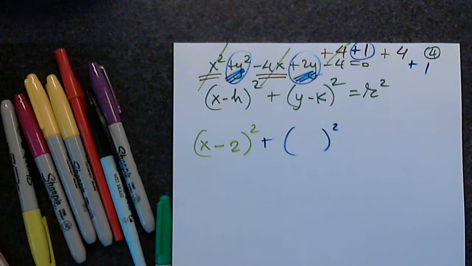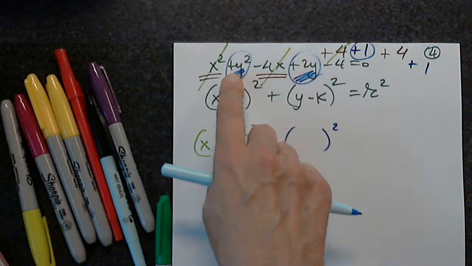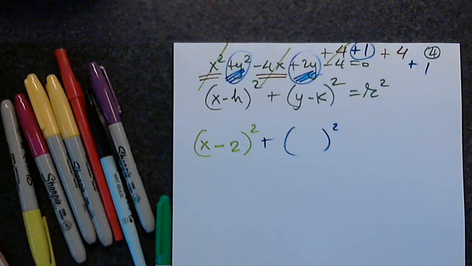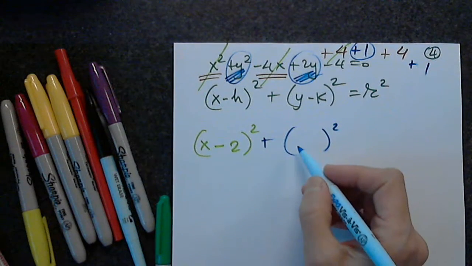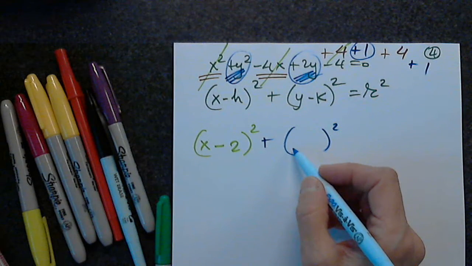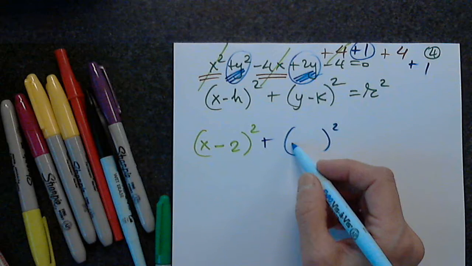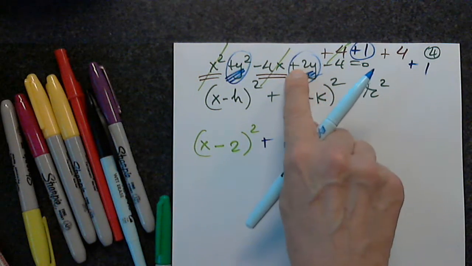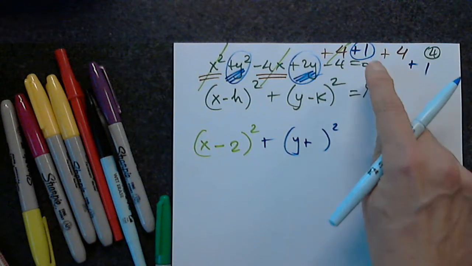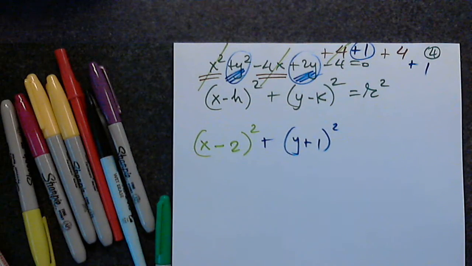What's in there that will give us, when we square it, y squared plus 2y plus 1? Perfect. Exactly. What we squared to get the 1. So now, what is left on the other side?